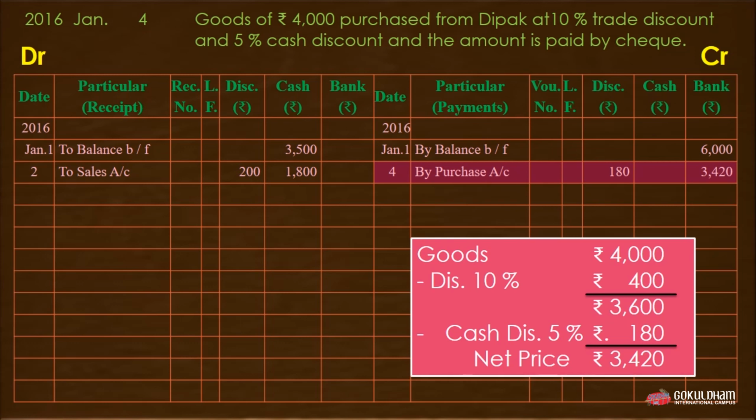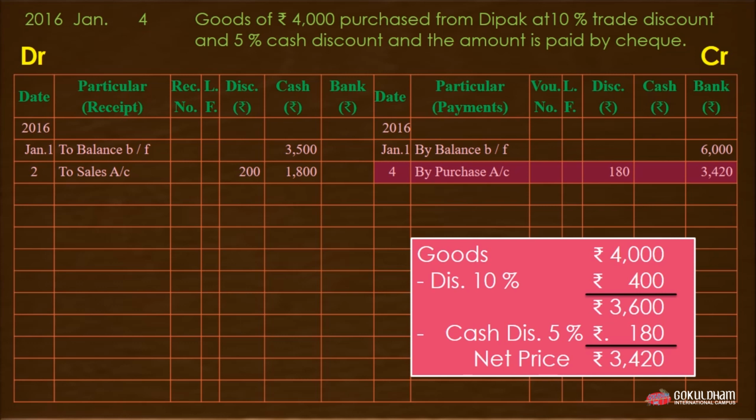Then the last difference comes, which is our net price: 3,600 minus 180 rupees. Our answer is 3,420 rupees, and it is our net price, and this price is recorded in our cash book.